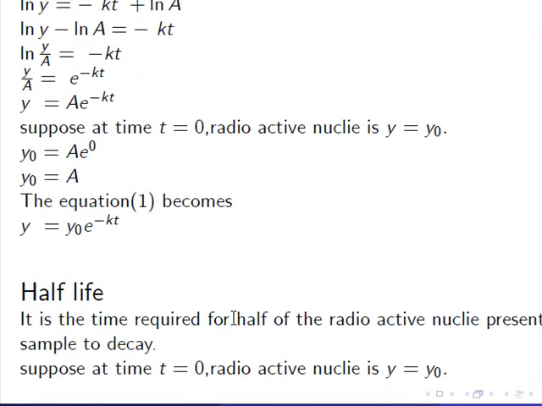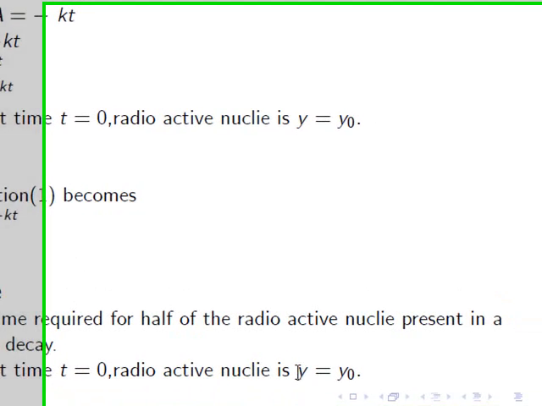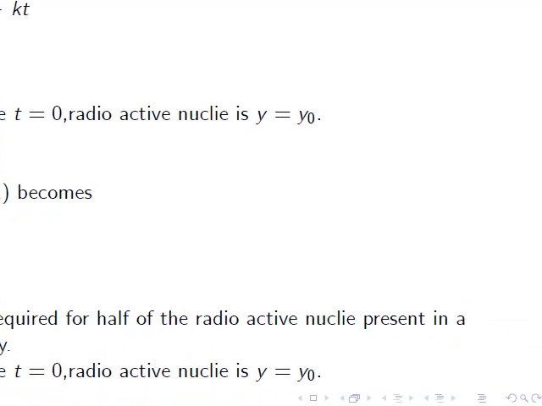That is, the time taken for the original quantity of the radioactive element to become half the quantity. The time elapsed during this phenomenon is called half-life. Suppose at t is equal to 0, the radioactive nuclei are y is equal to y naught.